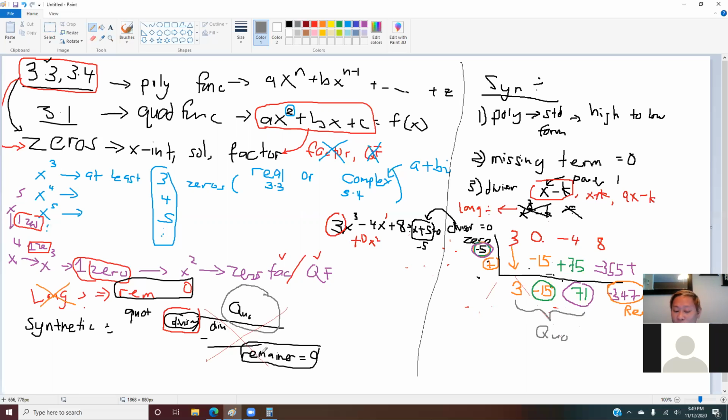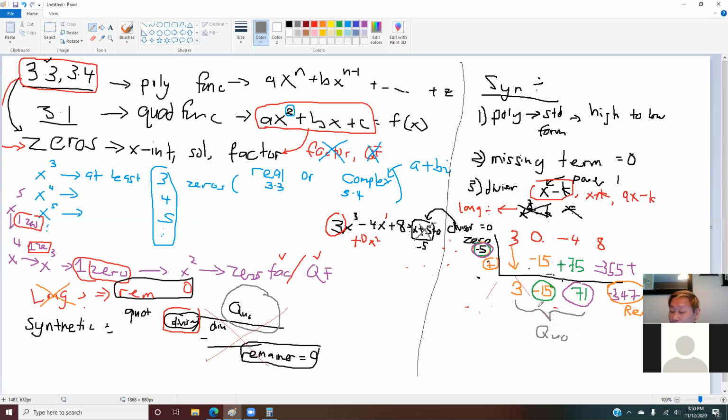And sometimes you get a remainder, and you can tell this remainder is not zero, because you want the remainder to be zero. So since your remainder is not zero, we can tell that this x plus 5 is not a zero or x-intercept or solution or factor. In order for you to have a solution or factor or x-intercept, this remainder has to be zero.